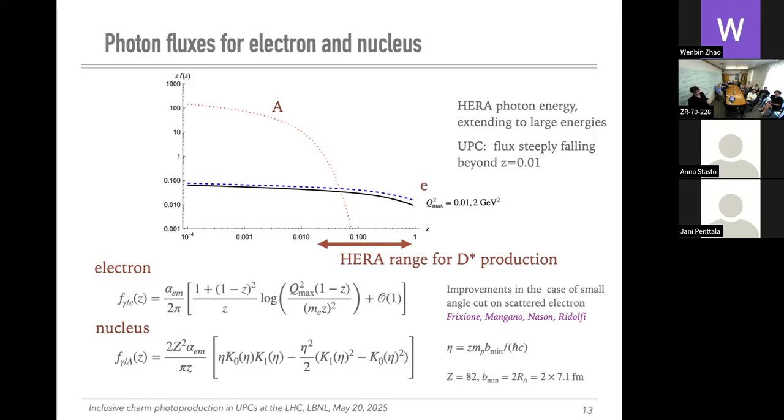There is a nice discussion in this paper about different types of cuts, but basically this is the electron to photon splitting function in the log, and so it's this formula. And then for the nucleus it is of course the standard point-like flux that we take.